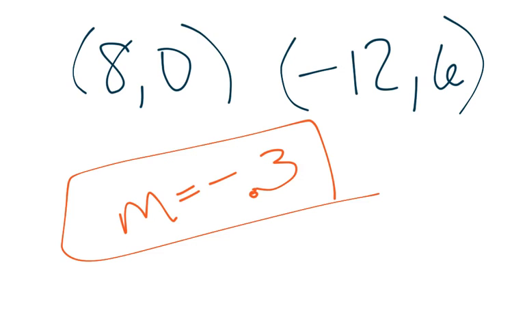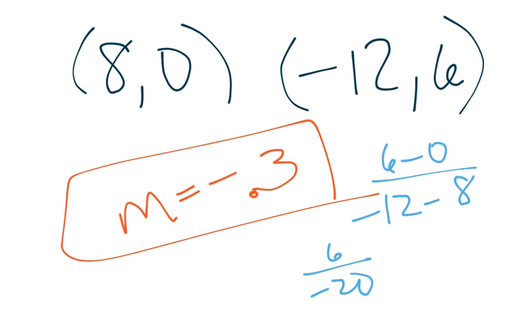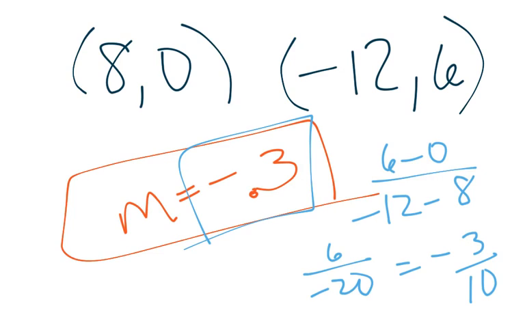You could also have done it the whole subtract the y's on top and the x's on bottom. 6 minus 0 over -12 minus 8, and you would get 6 over -20, which reduces to -3 over 10, which is the same thing as -3/10. I don't care which way you do it. I'll take it as a decimal. I'll take it as a fraction. Make sure you have the sign correct.